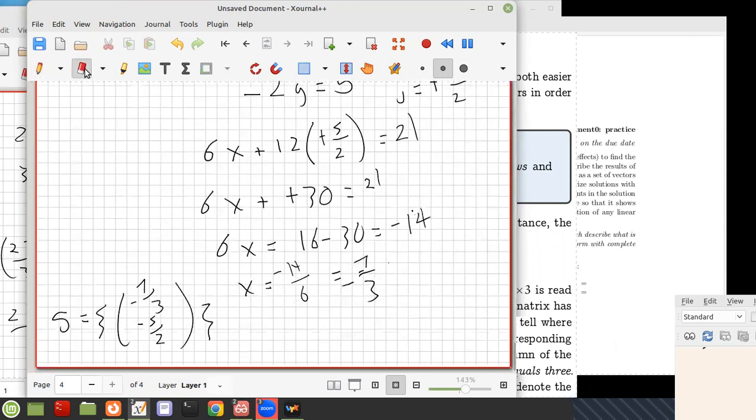Okay, so then we can see this is also one indication that sometimes these are easier in, okay, 21. Then we're going to have 21 minus 30. This keeps getting smaller and smaller, which is, I guess, good. Minus 9. And then we have x equals minus 9/6, which equals minus 3/2.